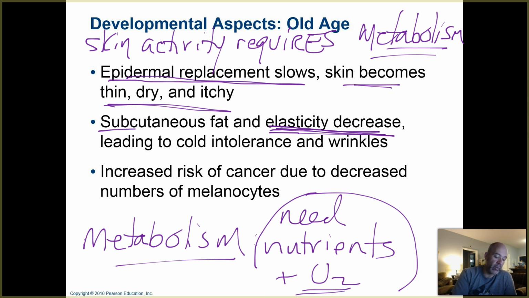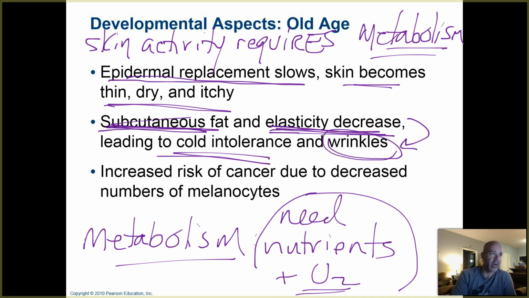You may lose some of your subcutaneous fat over time as you get older, and that leads to cold intolerance. Remember, lipids provide insulation, so you're not going to be as tolerant to the cold if you have less fat. Wrinkles: you lose that elasticity in your skin, and it becomes wrinkled.